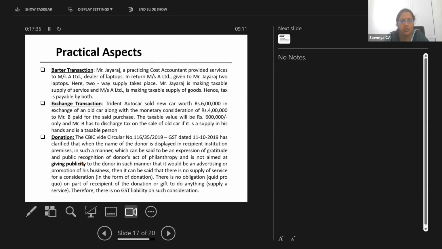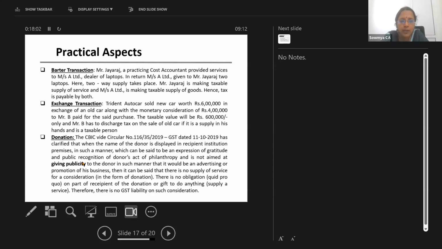Then there was some question on barter transaction in the previous session that we had. So I wanted to explain it with an example between barter and exchange. So Mr. Jairaj is a practicing cost accountant, provided services to A Limited, a dealer of laptops. In return, A Limited gave Mr. Jairaj 2 laptops.